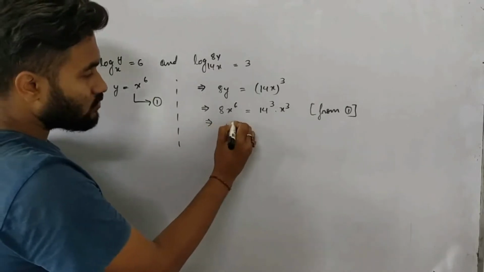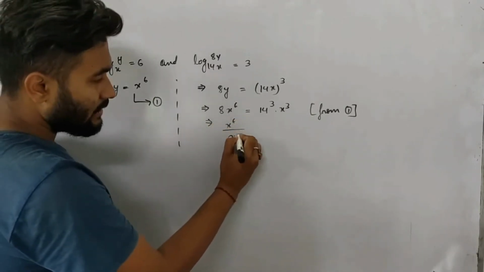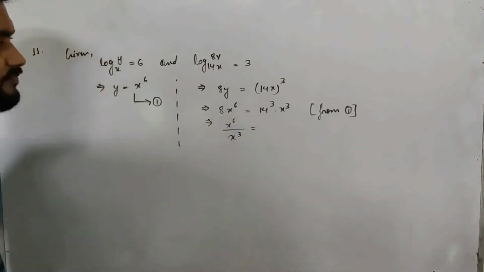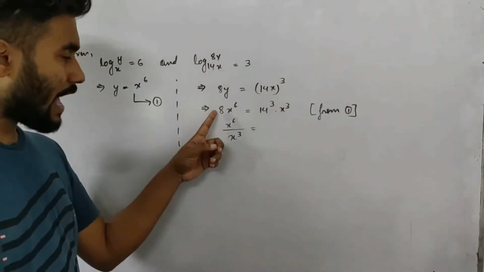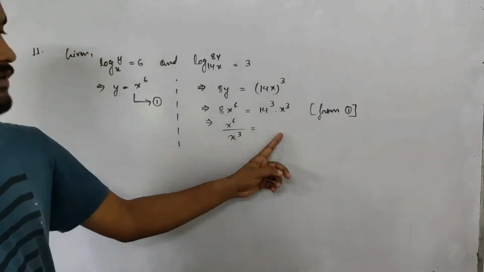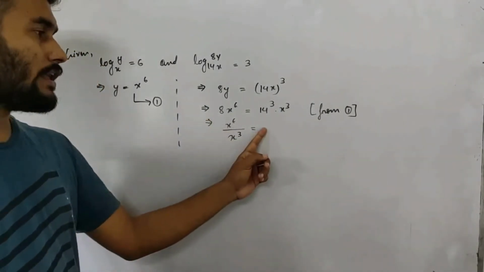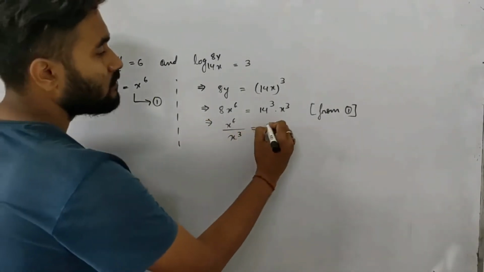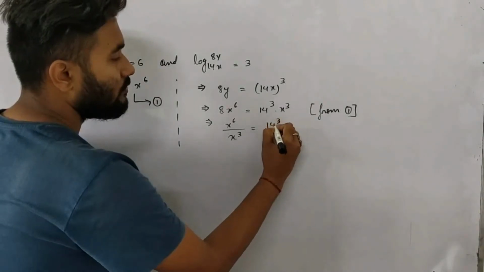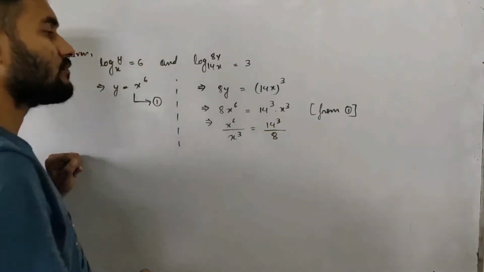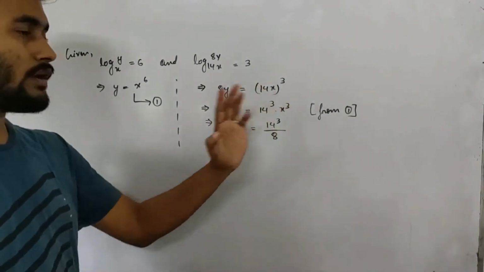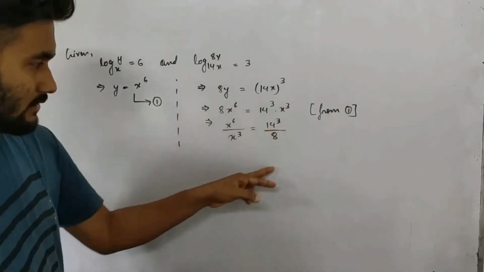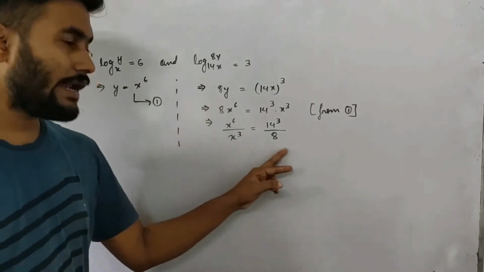So I can write x to the power 6 by x cube equal to, I have brought this x to the power 3 below here, divide, and I will take this 8 over there. Same thing, this is also product. Over here it will become divide, so 14 cube by 8. Same thing, if you cross multiply, 8 into x to the power 6, 14 cube into x cube. I have brought this x cube this side and I have taken this 8 that side.